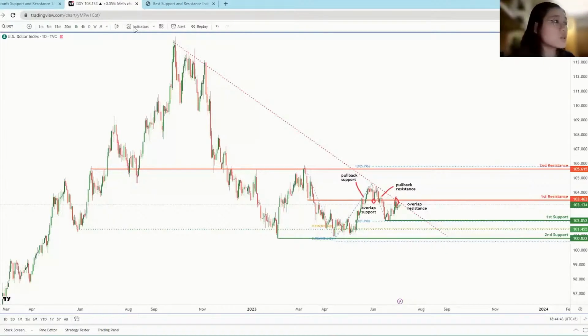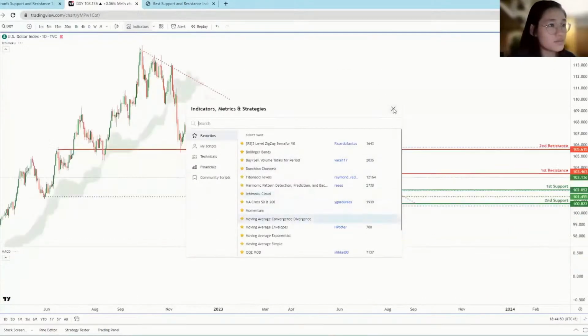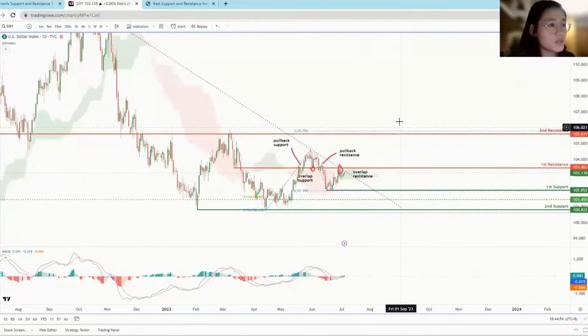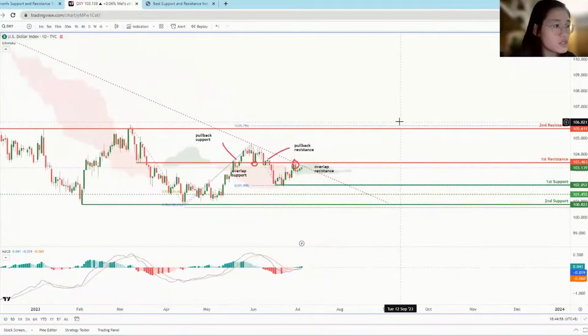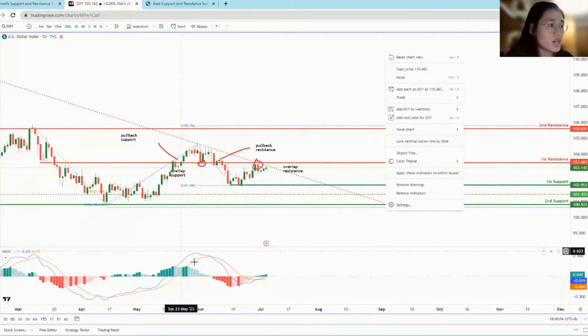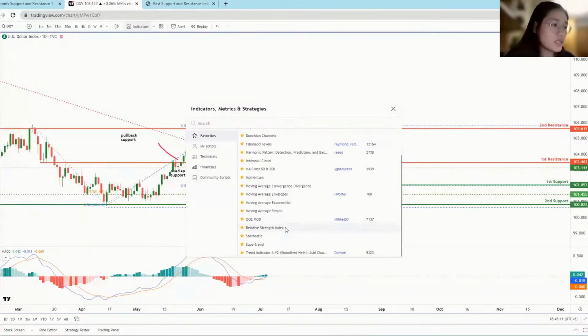Okay, now let's go in with some indicators. So I can see price is, okay, it's moving inside our Ichimoku cloud, so it doesn't really tell us anything, so we can move that. At our MACD, it's giving us a bullish signal. Now let's pull out another indicator.